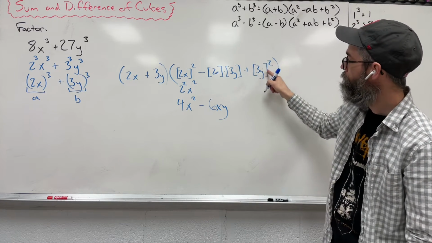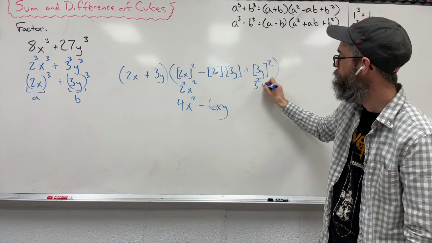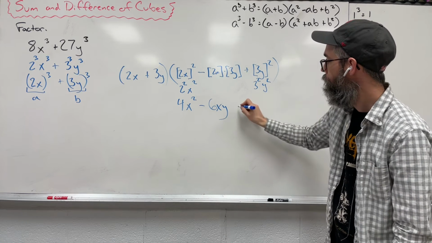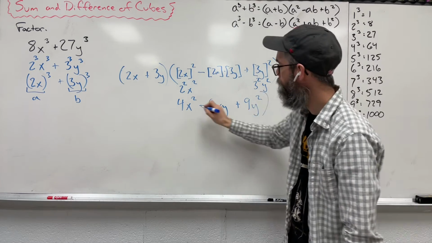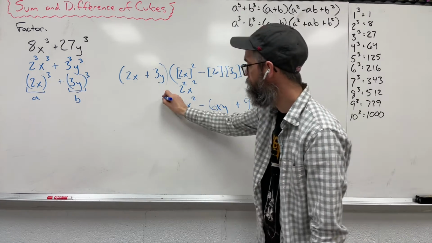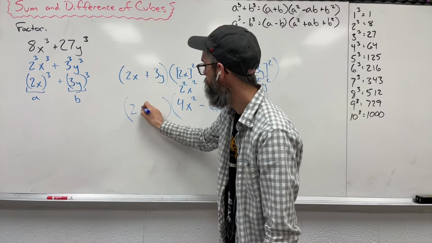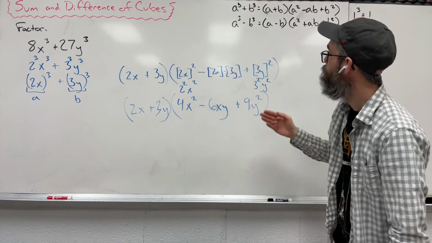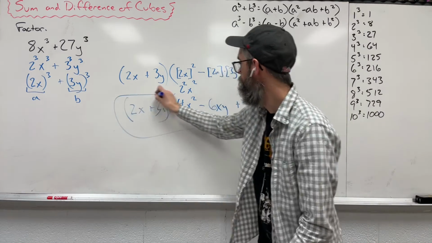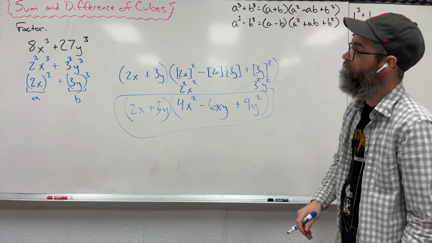This exponent goes to both numbers, so it's going to say 3 squared y squared, which is really 9y squared. All that goes within parentheses. We bring down the front side, and we just factored a sum of cubes.